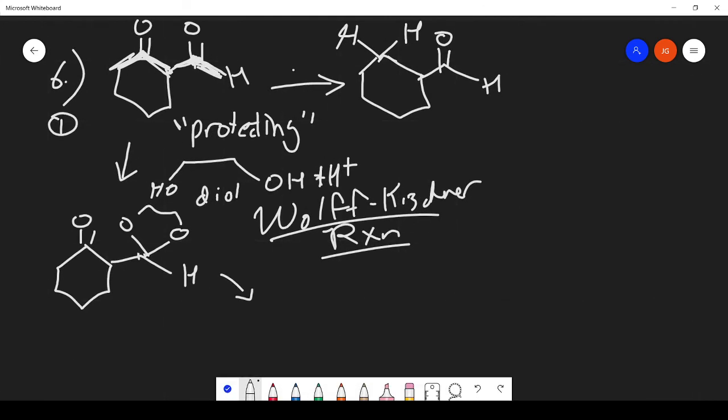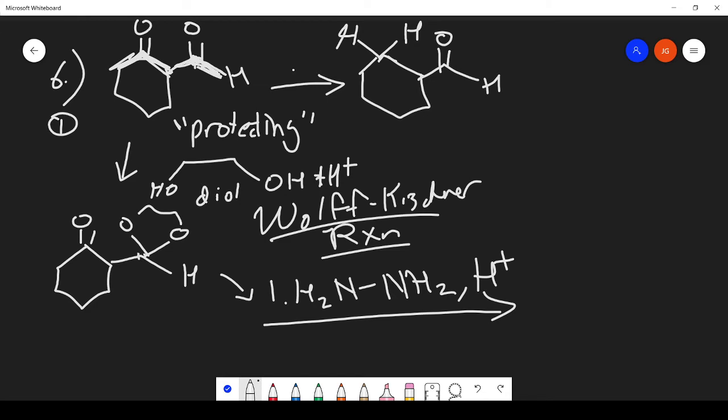But the way this is going to work is we're going to use 2 sets of reagents. So we need to add them in 2 steps. The first is hydrazine. The way you write it is NH2, or H2N, whatever, bonded to NH2, along with H+. So that's the first part of the reaction.